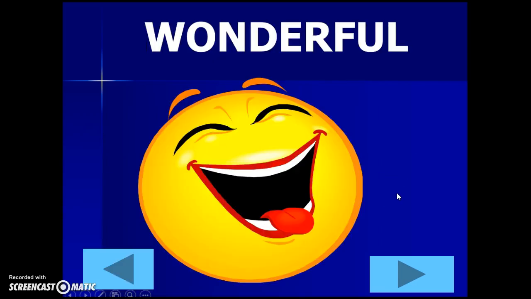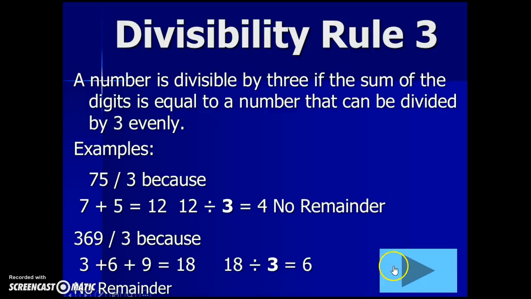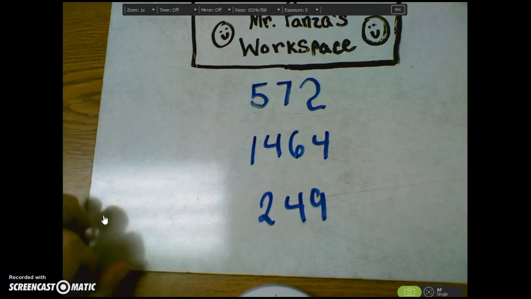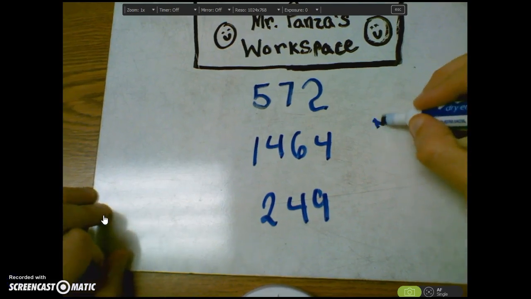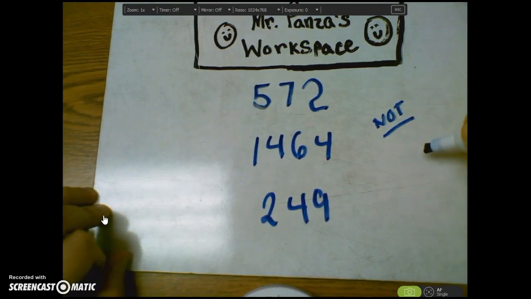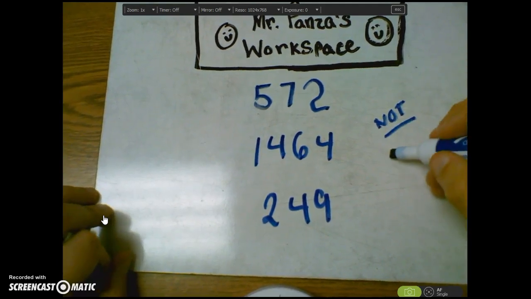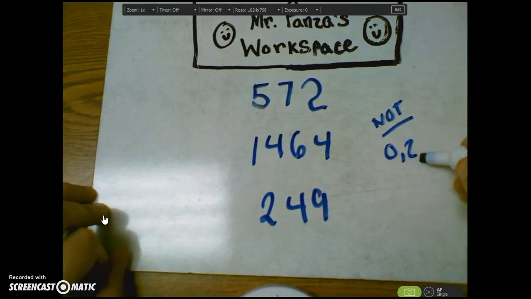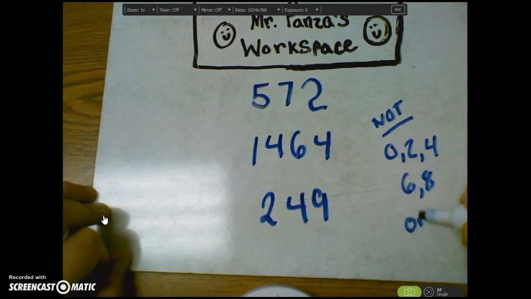Wonderful. If you had 249, I'm going to show you why you were correct. The problem gave us 3 choices, and it was looking for a number that was not divisible by 2. Well, we know the rule. If it's divisible by 2, the number needs to have a 0, 2, 4, 6, or 8 in the ones column.